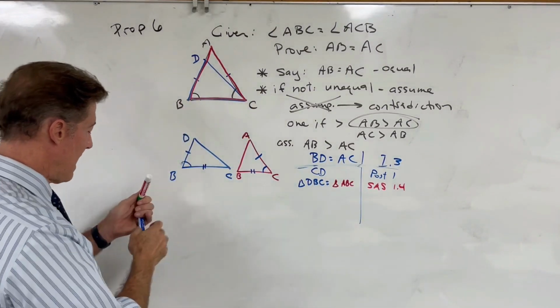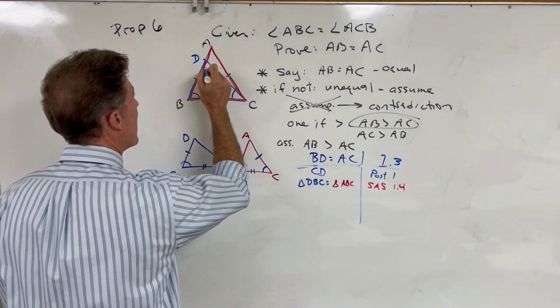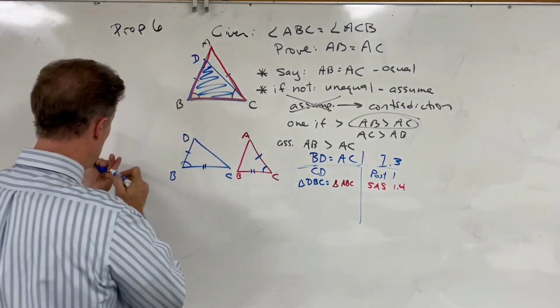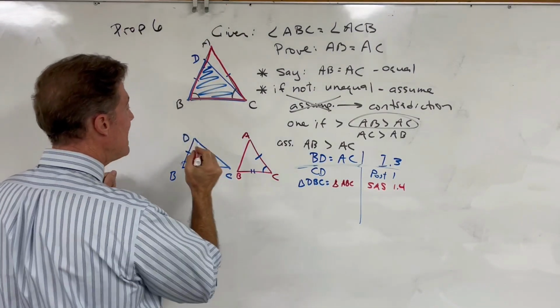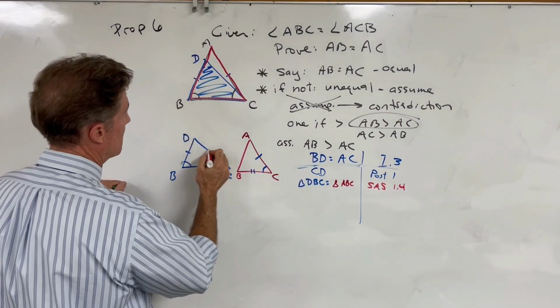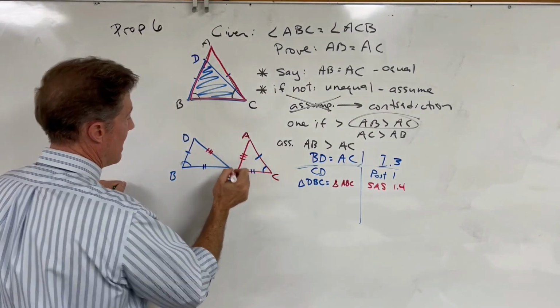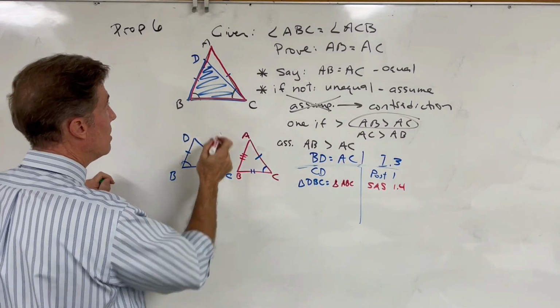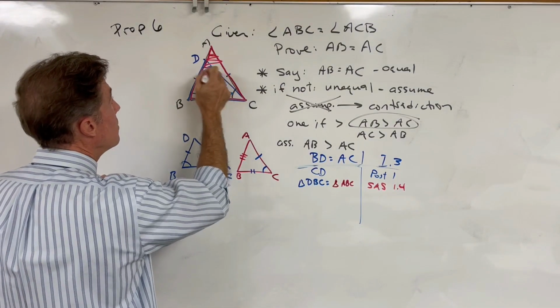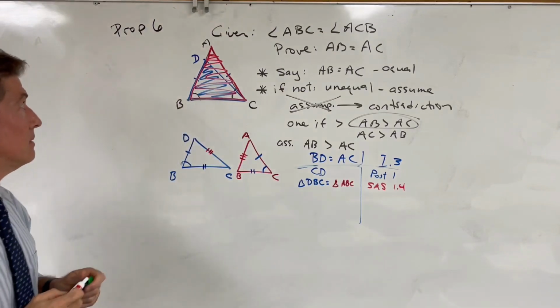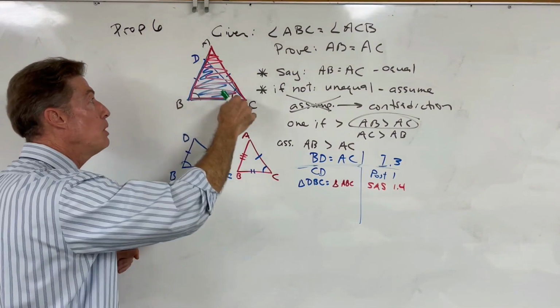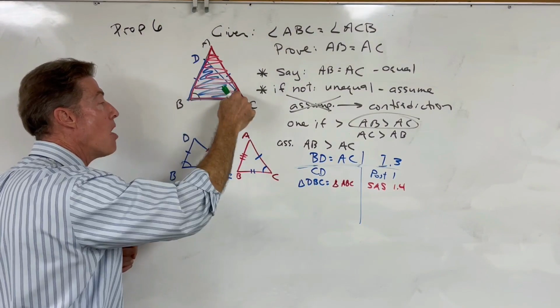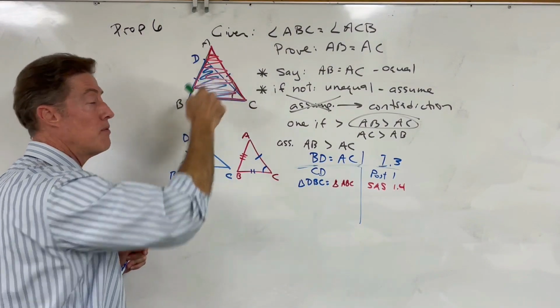Well, what's the problem with that? We're saying that this blue triangle is exactly equal, the base to the base, so the bases are equal, the triangles as a whole are equal, and all the corresponding angles are equal. But we're saying this blue triangle is equal to this red triangle. But it's very clear that the blue triangle is only a part of the larger whole of the red triangle.